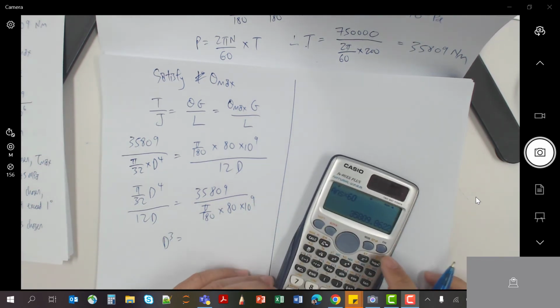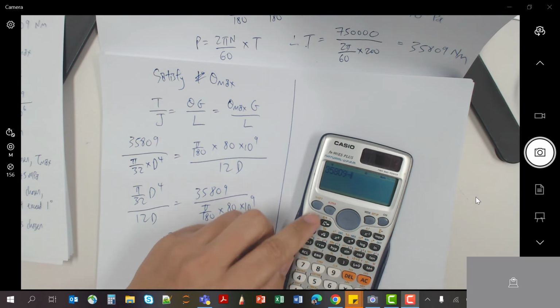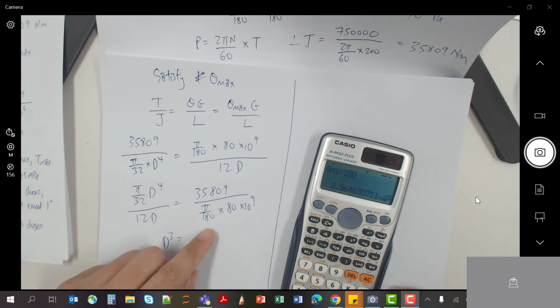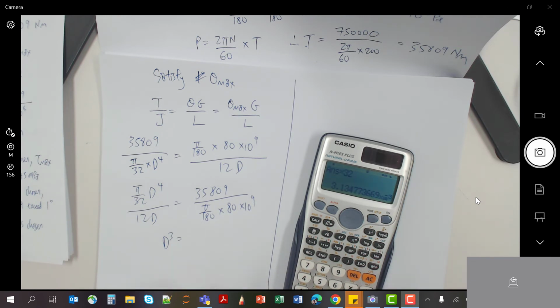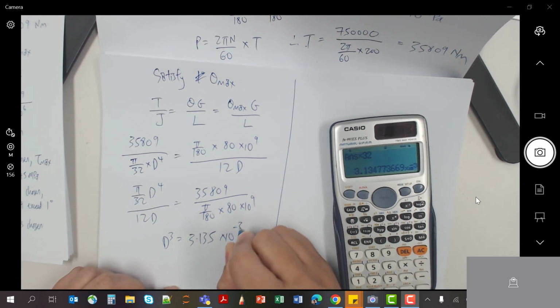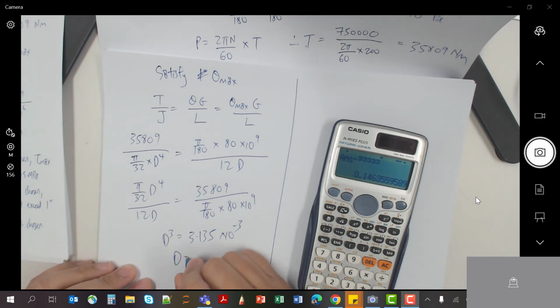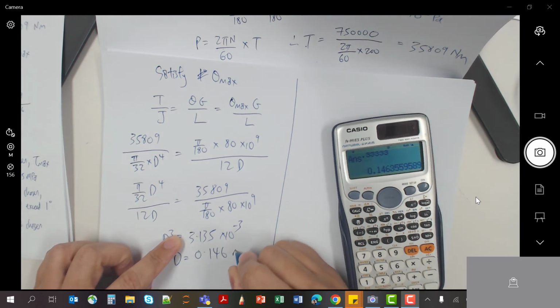Let's just calculate this. You get 3.135 times 10 to the power of minus 3 equals d cube. So d is the cube root of this value. It will be 0.146 meters.